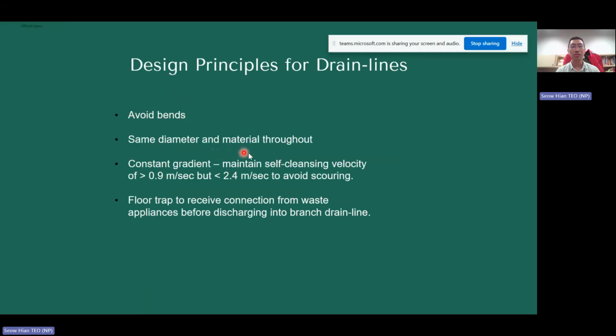Same diameter and same material throughout is the best. Constant gradient, with velocity approximately more than 0.9 meter per second and less than 2.4 meters per second, to avoid scouring. A floor trap receives the connection or drain before the discharge.